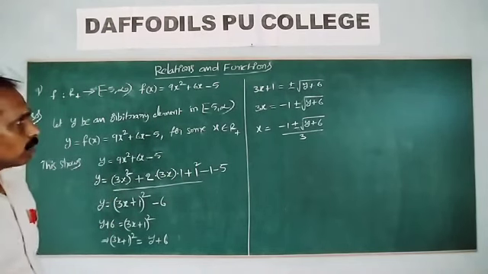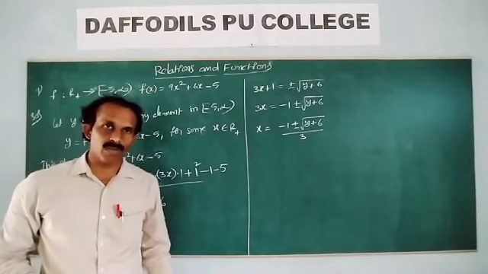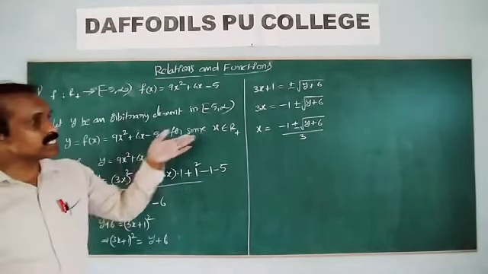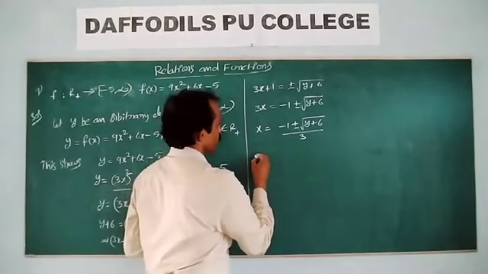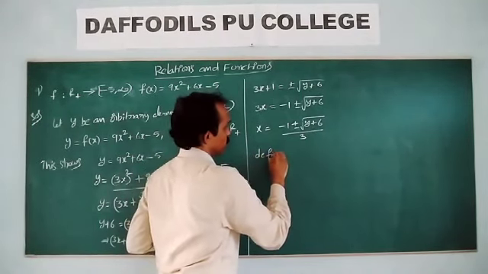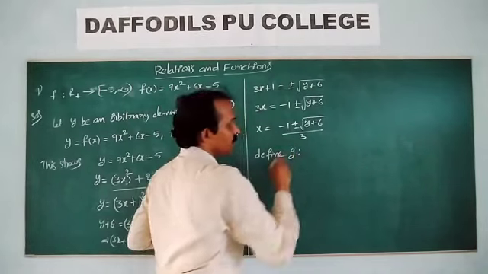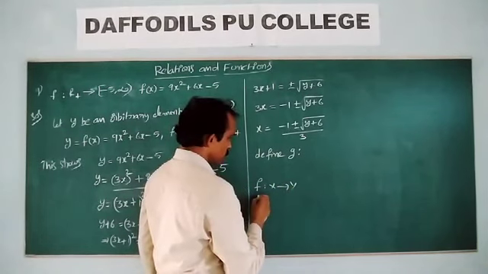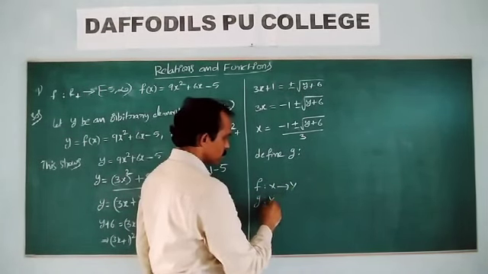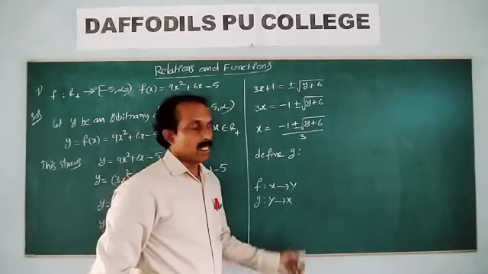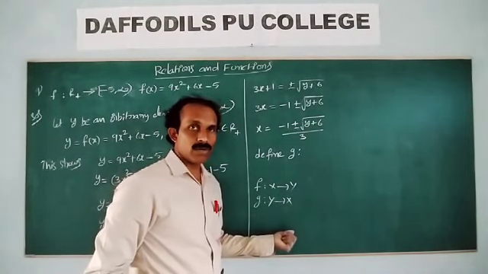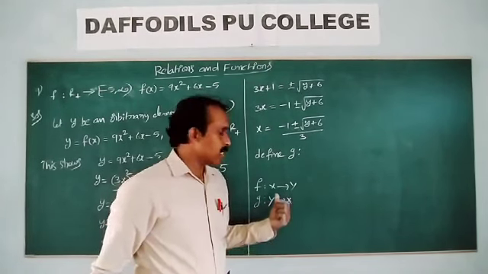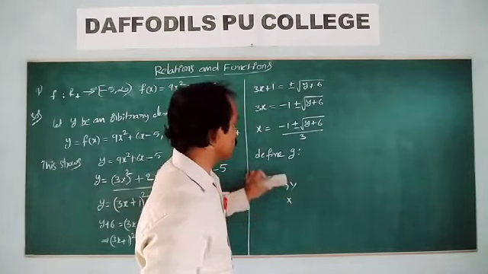By the definition of an invertible function, y maps to x, there exists another function g defined such that g maps y to x, where f circle g is equal to I y and g circle f is equal to I x. Then f is called an invertible function.